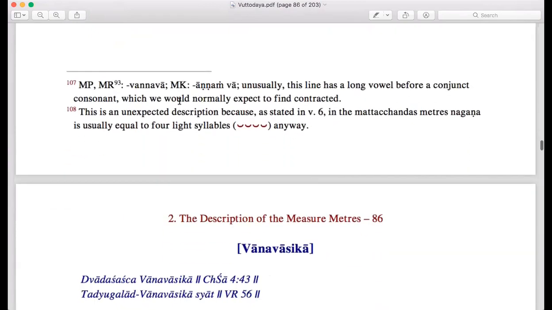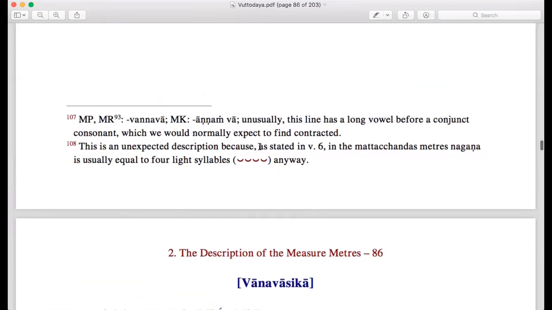This is an unexpected description because, as stated in verse 6, in the Matta Chandas meters, Nagana is usually equal to 4 light syllables. We know that, and here it is an unexpected description.